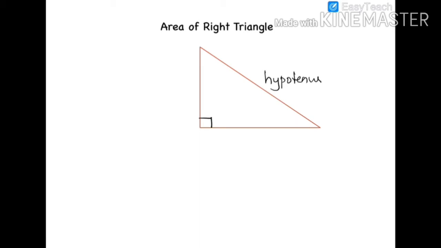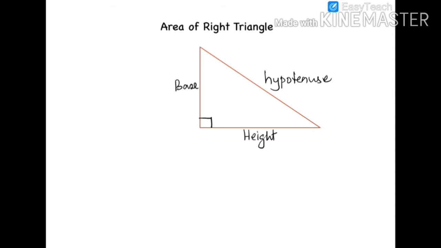Now in the chapter we also studied that in a right angle triangle, the side opposite to the 90-degree angle is hypotenuse, and that is the longest side. The other two sides are perpendicular to each other. So if we take one of them as the base, then the other one becomes the height.